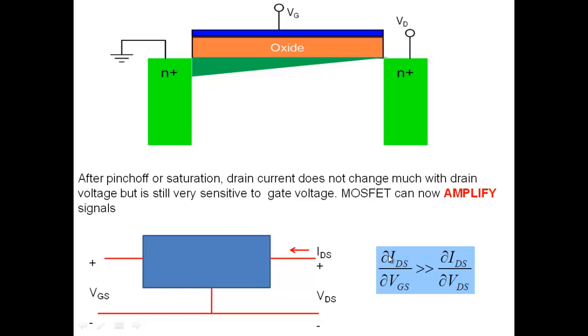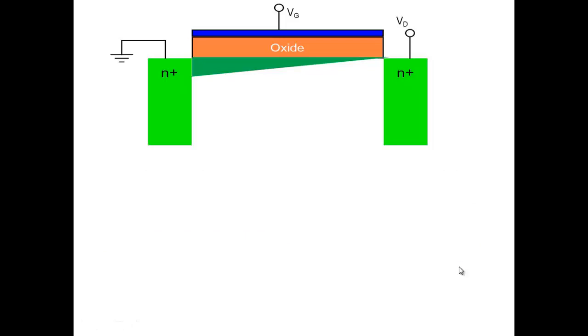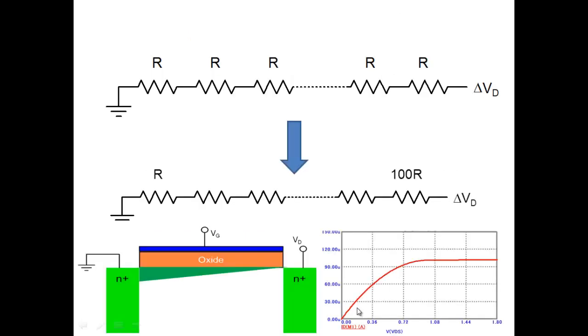So this is where you end up with a region. Once you bias the MOSFET in the saturation region, drain current is very sensitive to gate voltage. Drain current is not sensitive to drain voltage at all. So transconductance becomes much larger than output conductance. And now your device becomes capable of amplification in that region. If I go in this region, the device will not amplify, because I have transconductance, but I have output conductance also.